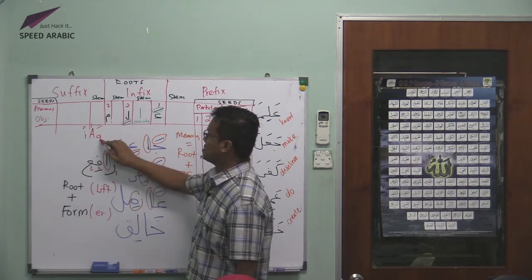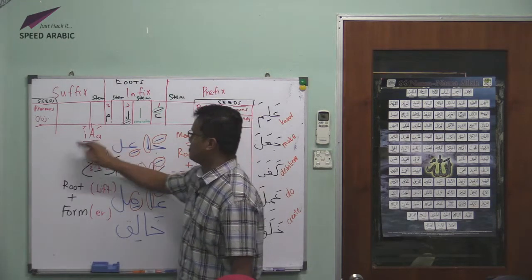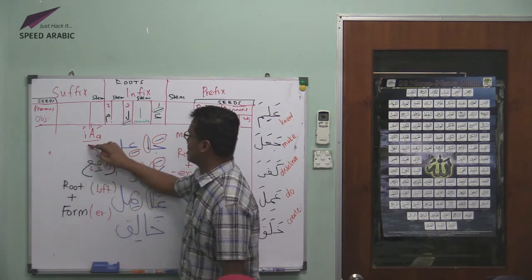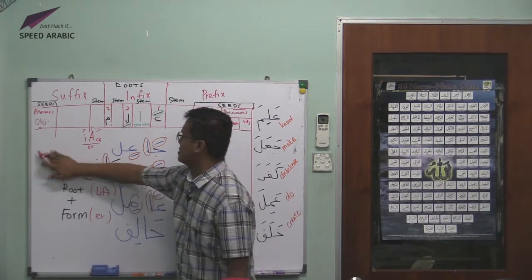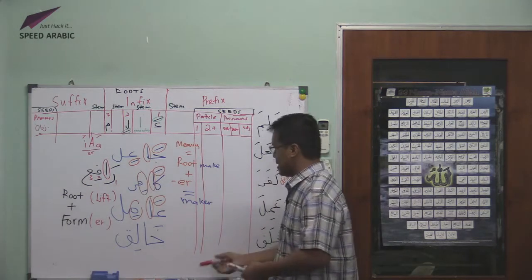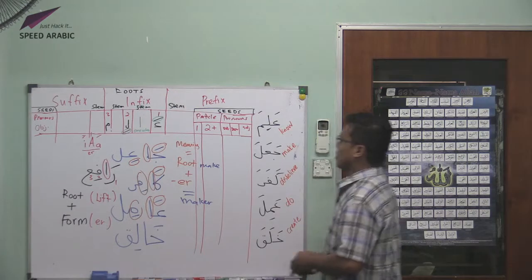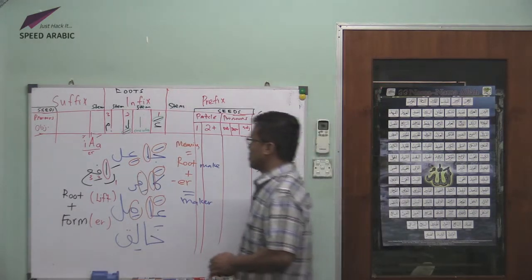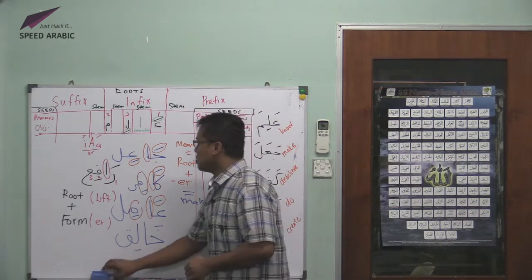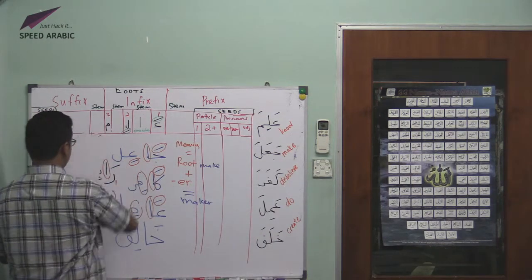So whenever you see A-A-I, something like this, it means you have an ER here. Okay? Okay. So we will go to the second most frequent form. Okay, this is the first most frequent form.